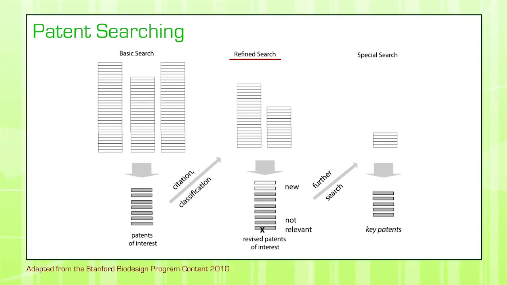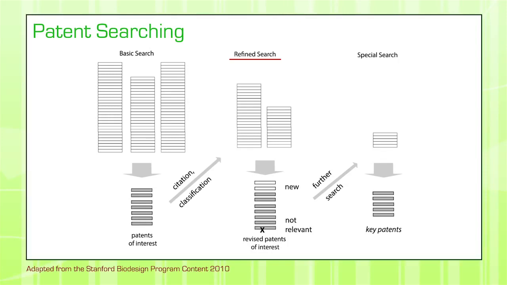With those patents of interest from step 1, you're going to move into a more refined search in which you're going to try to see, from those patents, which ones were new, which ones have already expired, or which ones are really not even relevant for the thing that you want to patent, or the product that you're going to develop, if you are free to operate within that scope.